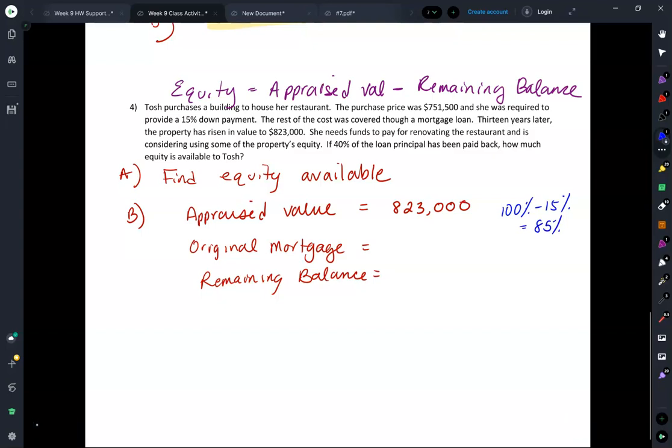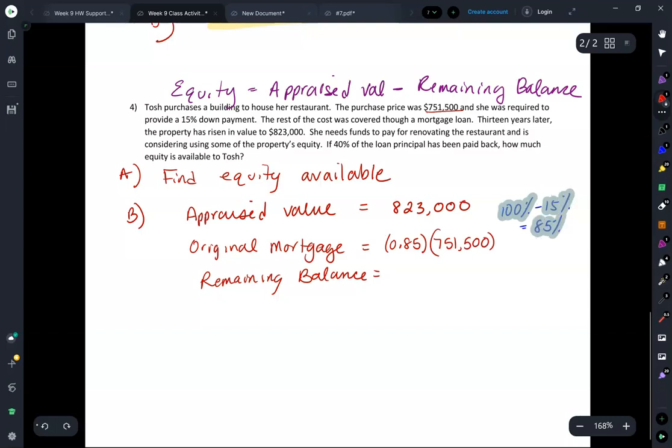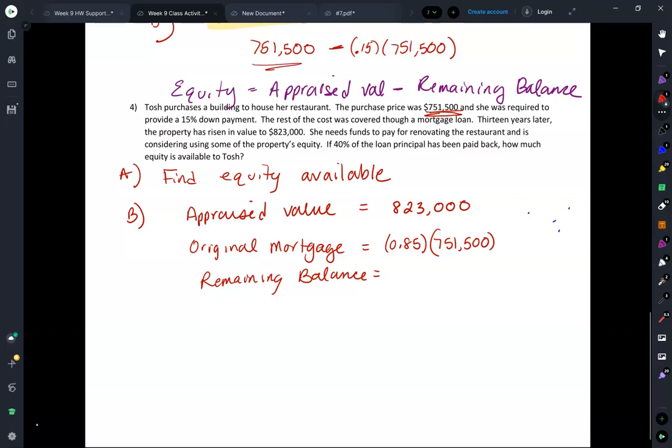So we can just write that out here as 0.85 times 751,500. Okay, we can do that, or an alternate is to take 15% of this number, 0.15 times 751,500, and subtract whatever that comes out to be off the purchase price.